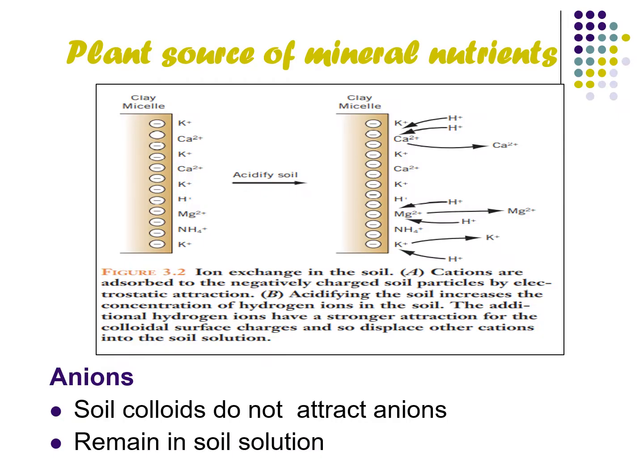Ion exchange may not always work to the advantage of plants. One effect of acid rain, for example, appears to be the displacement of cations from the colloidal reservoir due to the high concentrations of hydrogen ions.